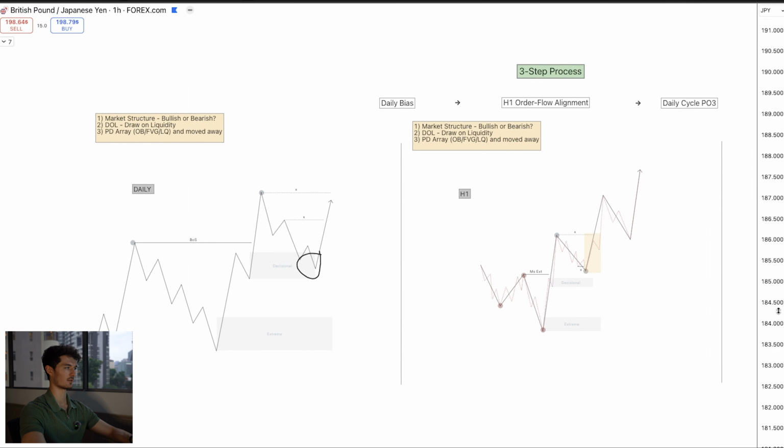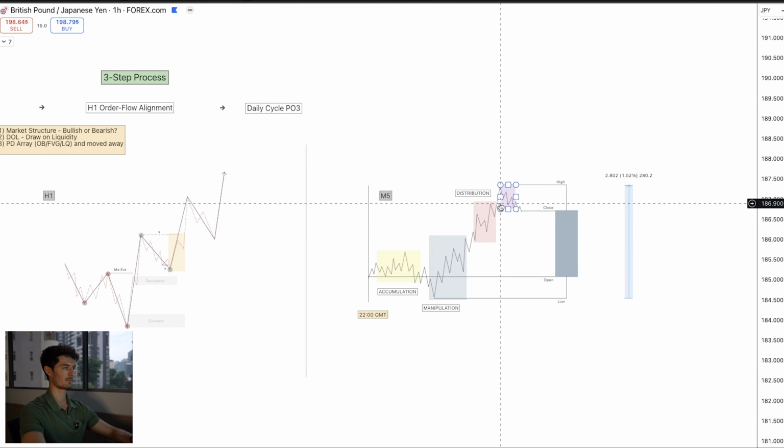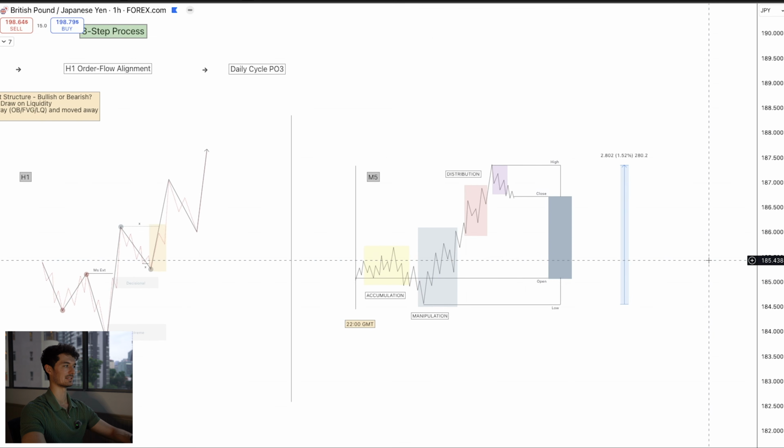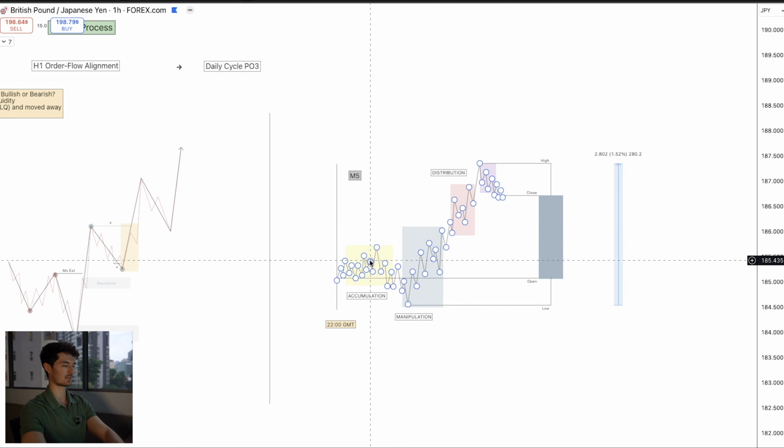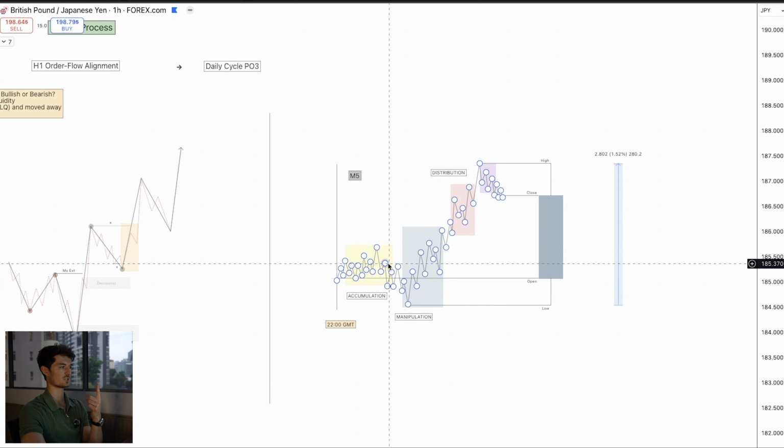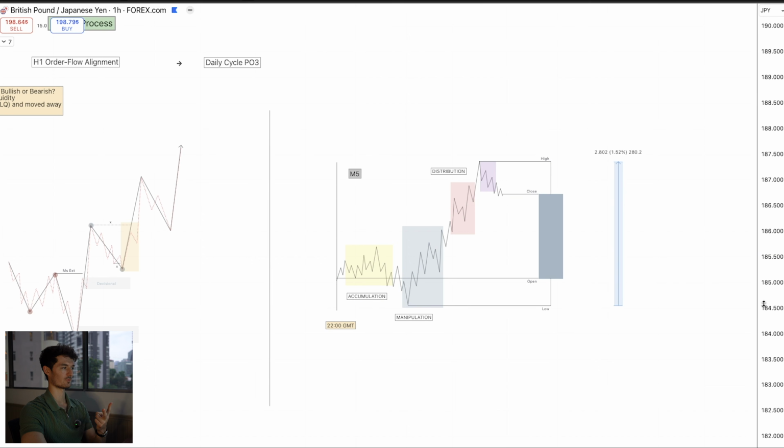That's H1 alignment. And of course, last but not least, power of three in the form of a daily cycle. There are other daily cycles at play as well. There's daily cycle 1, which is this. Daily cycle 2 typically happens on pound yen or the related pairs, and it's when Asia doesn't get taken.